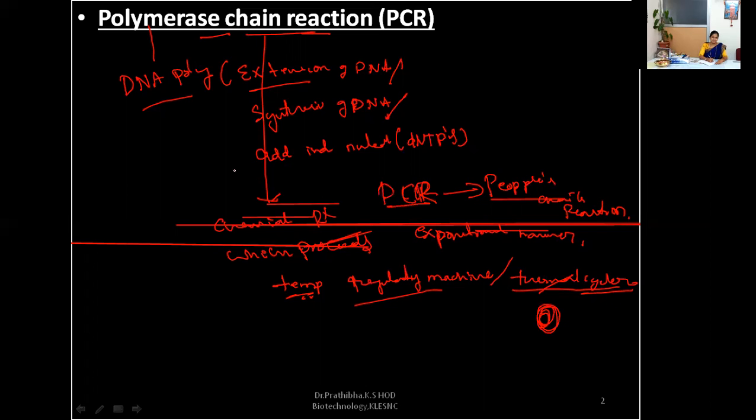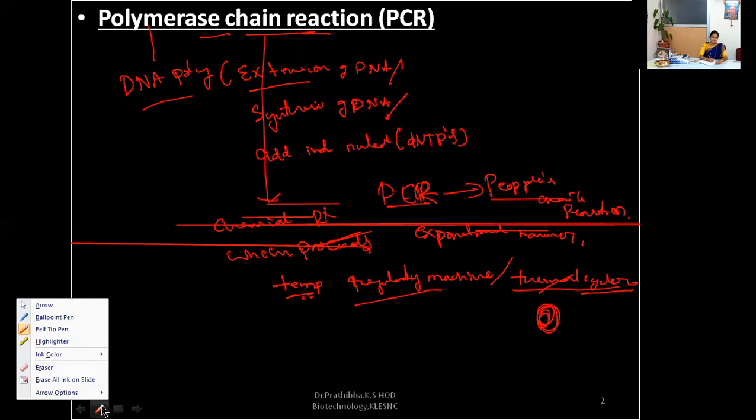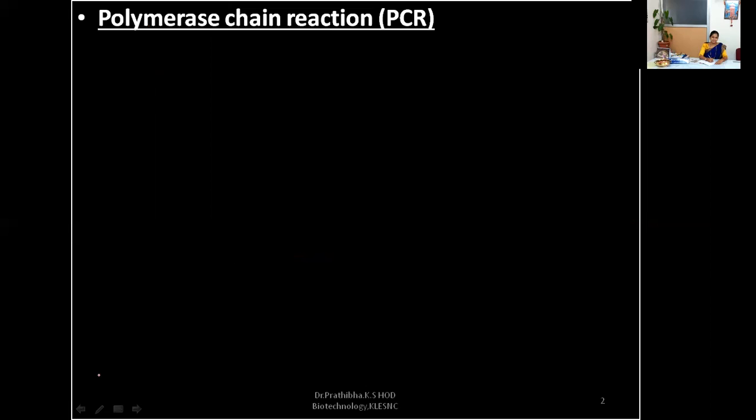Now, what is PCR? If anybody asks what is PCR, what can you say here? This PCR is a cell-free technique. It means in this PCR machine, there won't be any kind of cell.